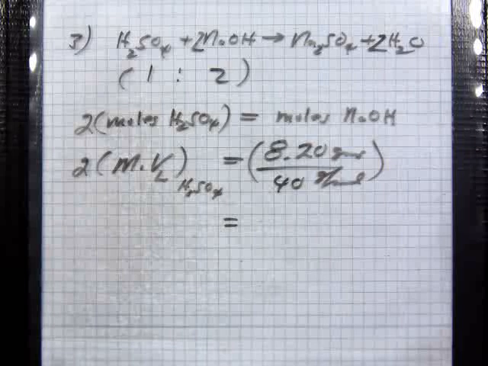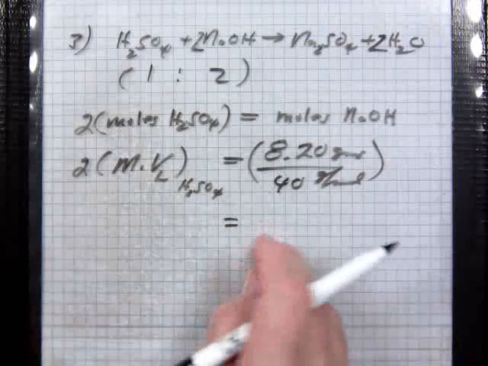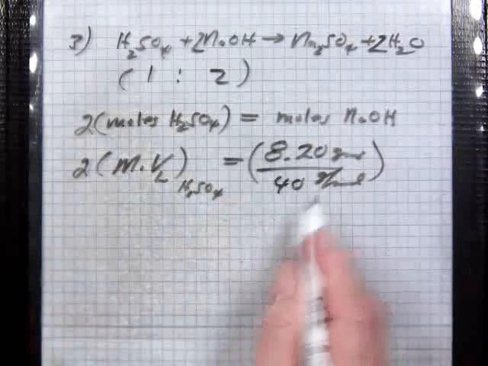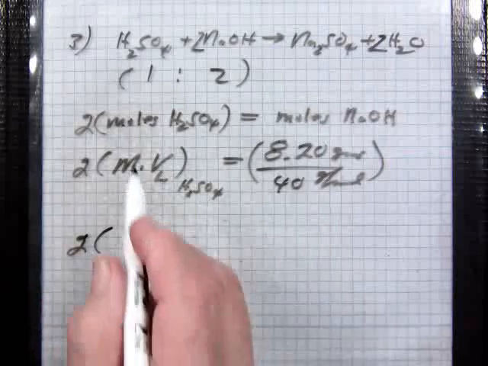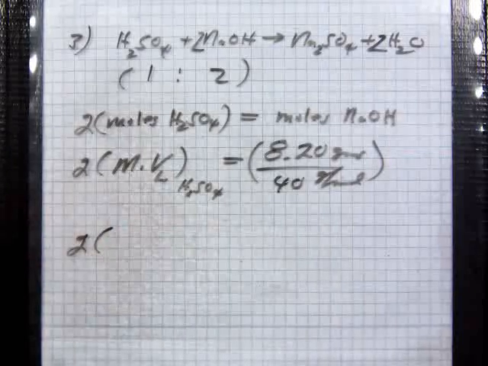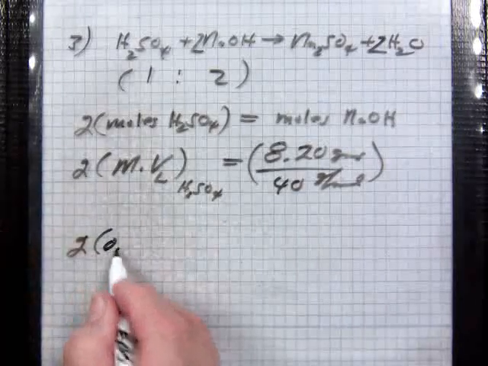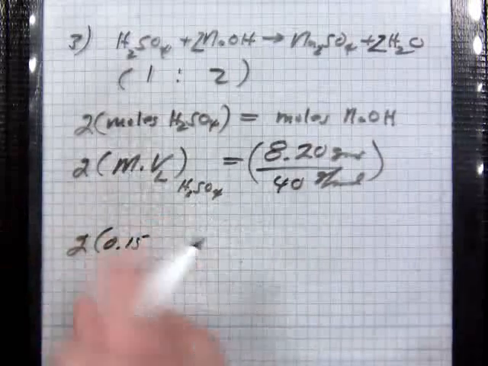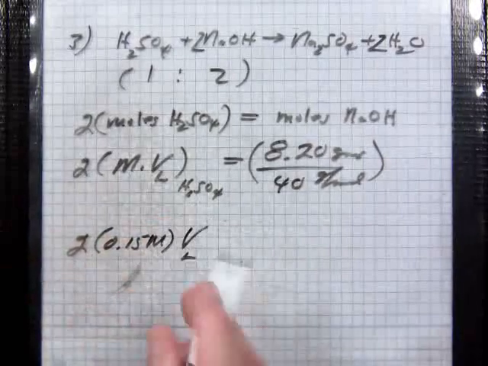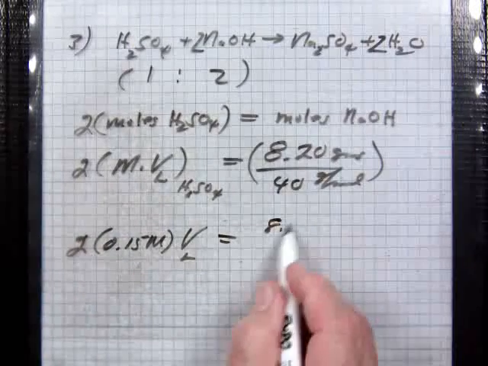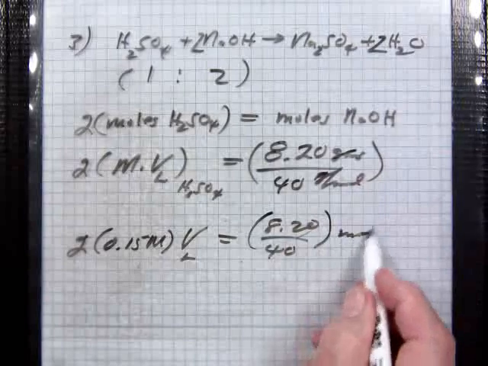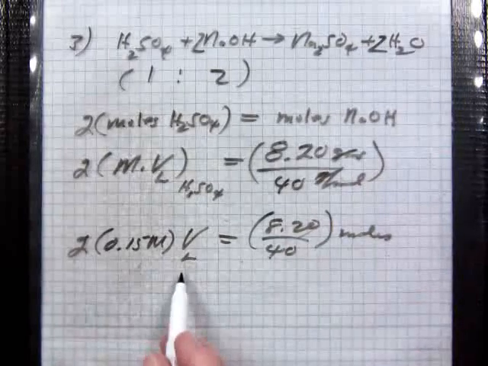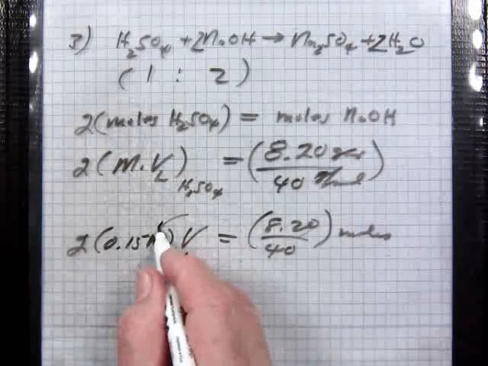The molarity here is 2, and the molarity of our H2SO4 solution is 0.15 molar. And put my units in. Volume in liters is now 8.20 over 40 grams. That's moles here. So when you work this out, you're going to wind up in liters, because remember molarity is moles per liter.